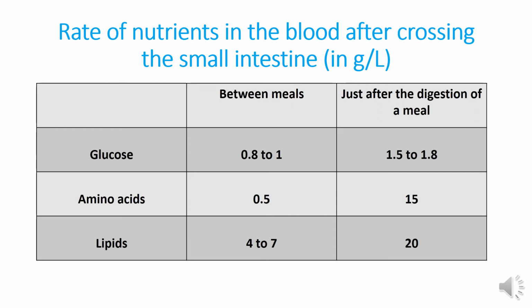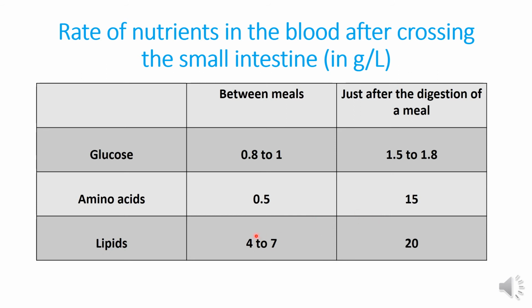Let's discuss together this document in Activity 6. Rate of nutrients in the blood after crossing the small intestine in gram per liter. The concentration of glucose increases from 0.28 to 1 gram per liter to 1.5 to 1.8 gram per liter. The concentration of amino acids also increases from 0.5 gram per liter to 15 gram per liter.